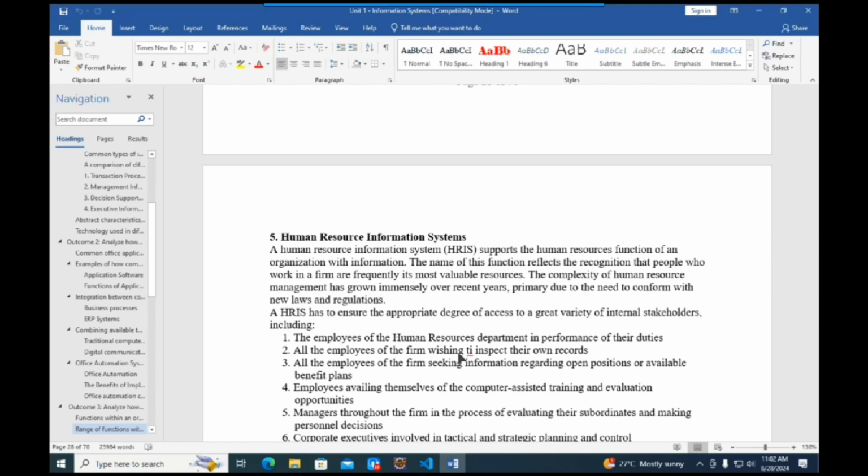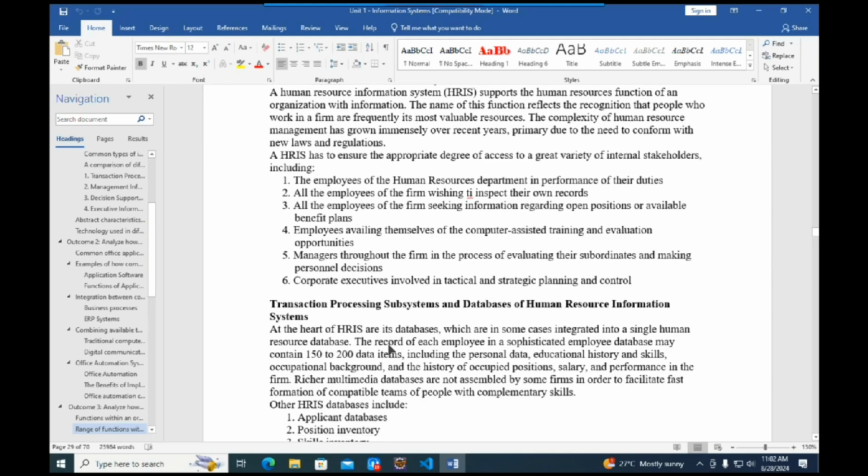Now, to make sure that there's optimal access for a great variety of internal stakeholders, a number of things are looked at. The first one is the employees of the HR department in performance of their duties. How are these employees performing their duties? Then all the employees of the firm wishing to inspect their own records.